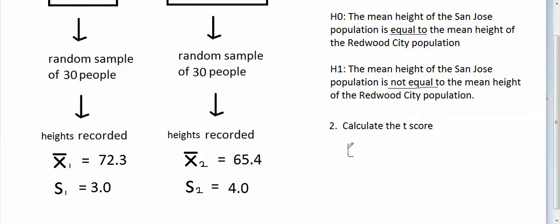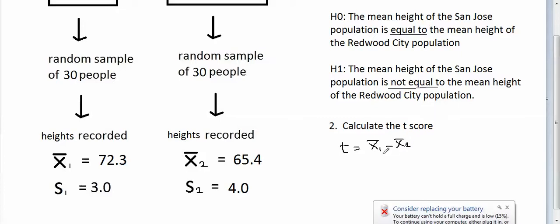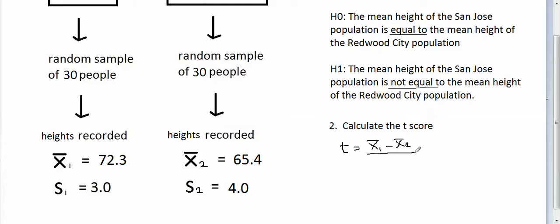This is the formula for the t-score in a two-sample t-test. This is the mean of sample 1, the mean of sample 2. This is the standard deviation of sample 1 squared.